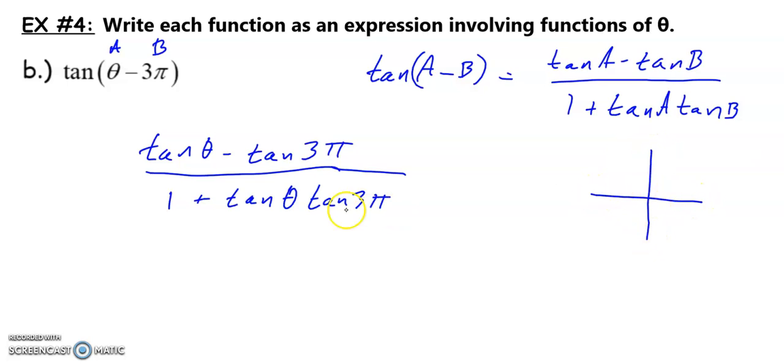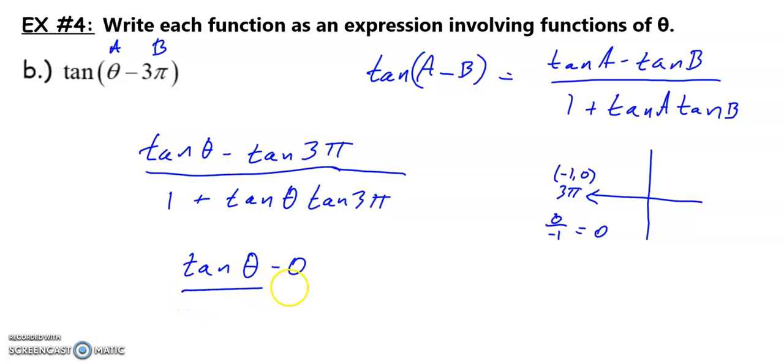So let's turn 3 pi, that's a radian, into an actual value. 3 pi happens right there. And that is at -1, 0. So tangent is sine over cosine, which would be 0. So every tangent of 3 pi is going to become a 0.